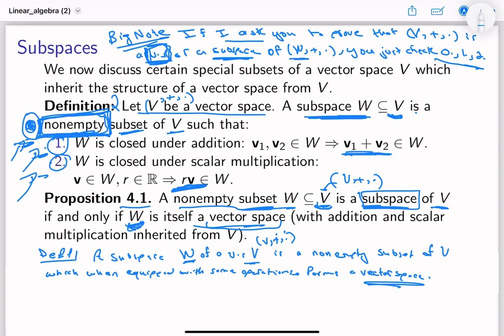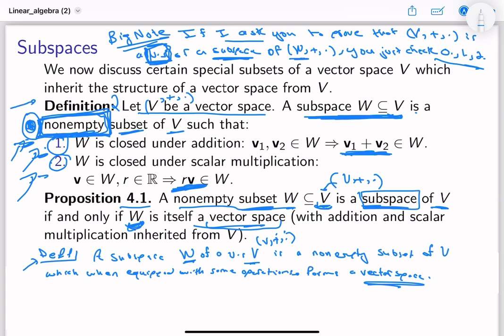Definition 2 is the other way to define what a subspace is: it should be a non-empty subset of V that's closed under addition and scalar multiplication. So this is all we're requiring. But it seems that in definition 1, we're requiring more than in definition 2.